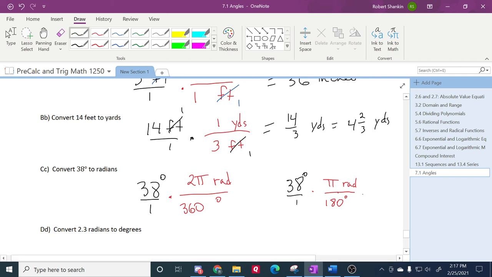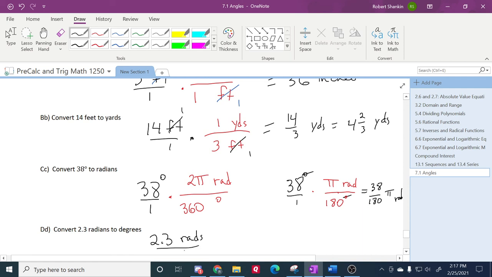So then all you do is punch this out into your calculator. The degrees cancel out, and then you're going to get 38 over 180. And you can reduce that or punch it into your calculator. Pi. And then it's in radians.